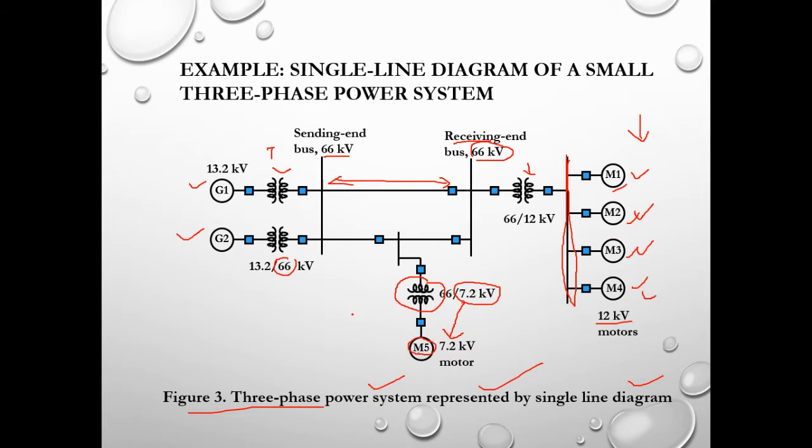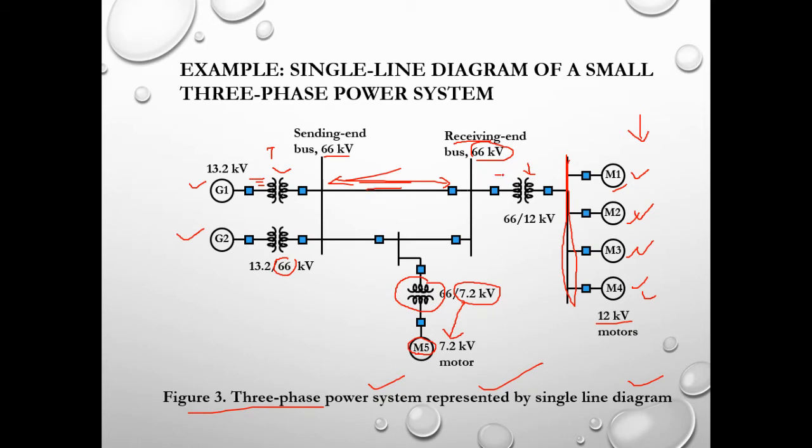Right. So this is how you can actually understand the simple single line diagram, for example, of a small three-phase power system. So basically, these are all three-phase, and of course, we do have the three lines over here. We do have another three lines over here.